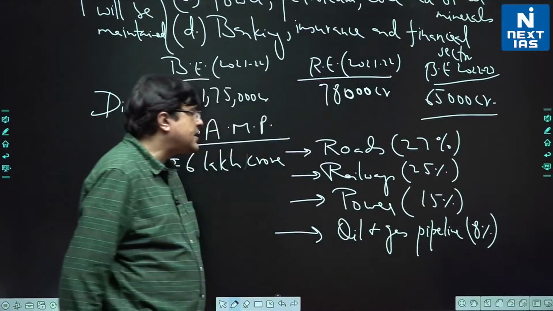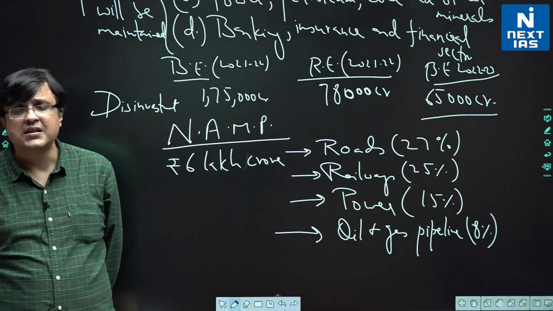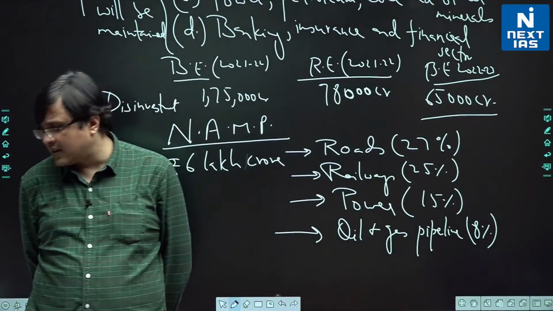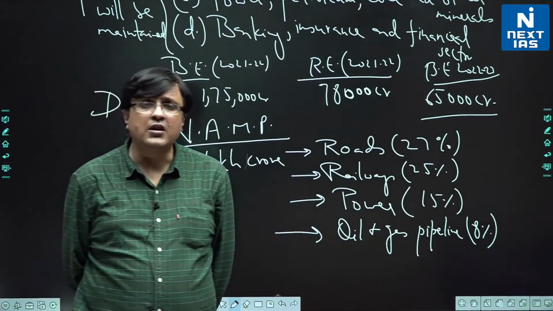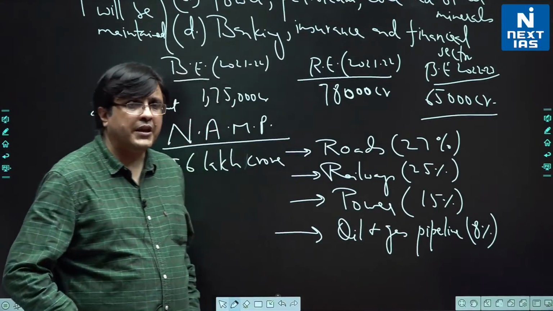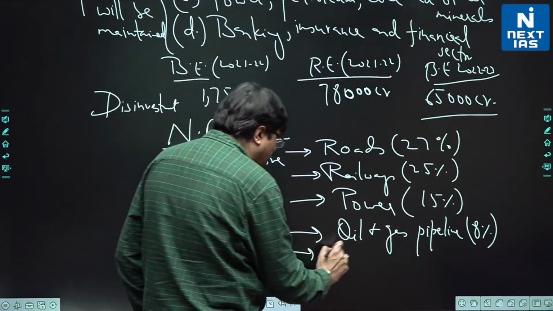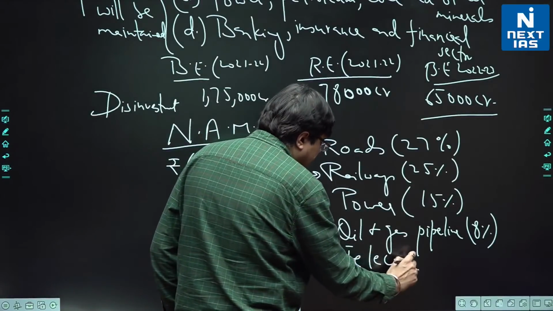Please don't forget, the national asset monetization pipeline is not about selling all the government assets, it is more about putting them on lease to earn revenue from them. The fifth is telecom at 6%.